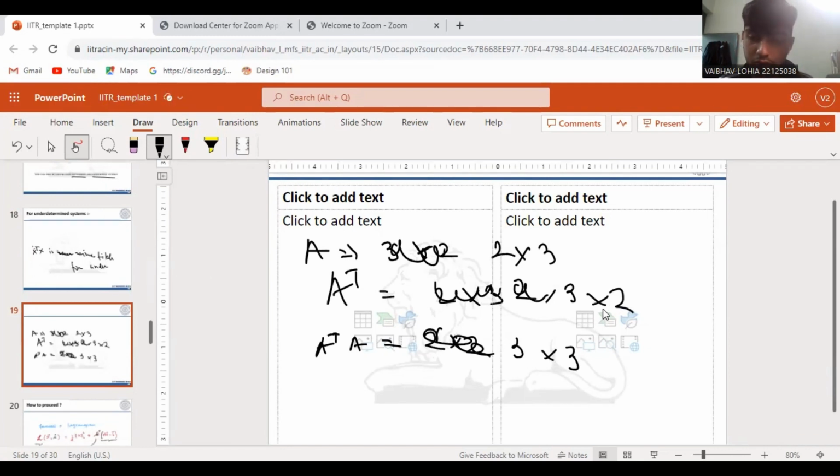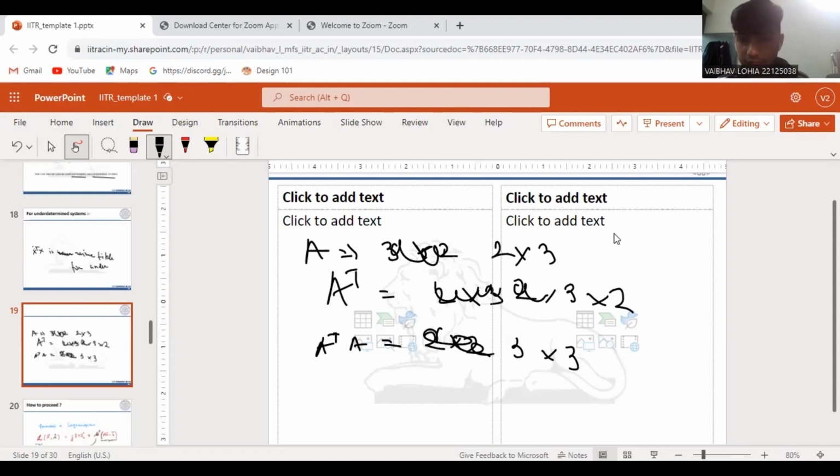As we know, the rank of a matrix is less than or equal to the minimum of its columns and rows. We also know that rank of A is equal to rank of A transpose A is equal to the rank of A transpose. So let's assume the rank of A matrix is 2. The rank of A transpose A matrix will also be equal to 2.